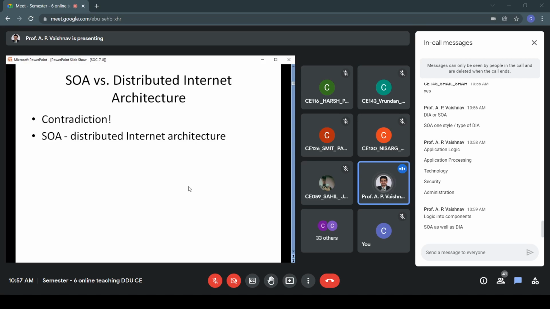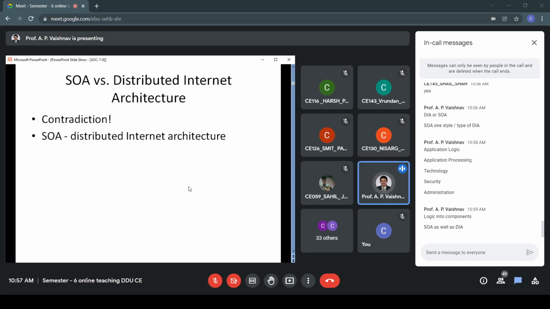Can anyone tell me what synchronous communication is and what will be the drawback of that kind of thing? Synchronous is basically request and reply kind of behavior.